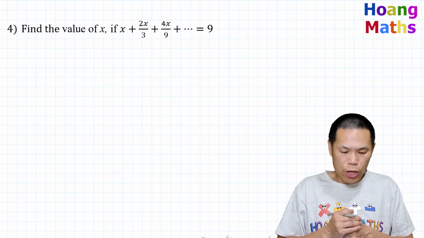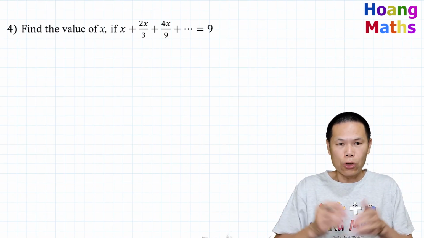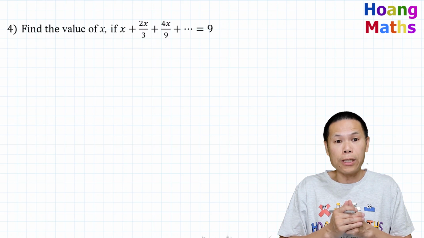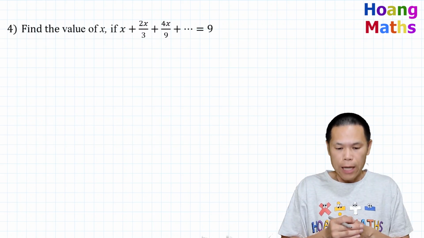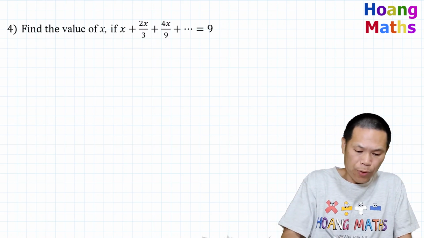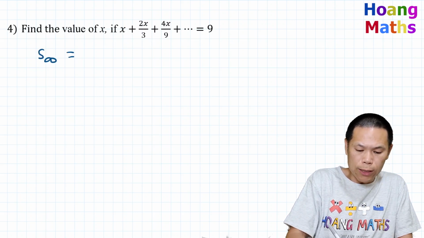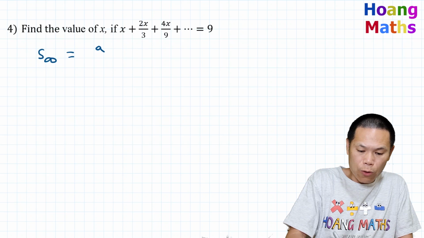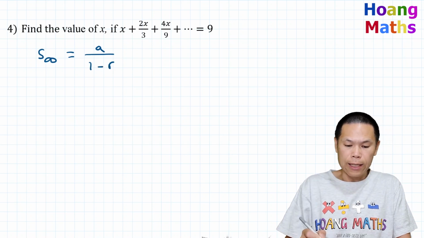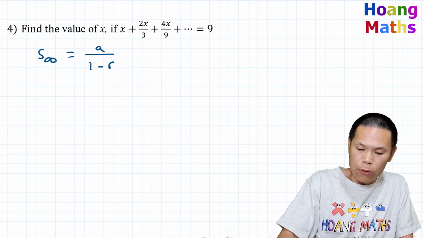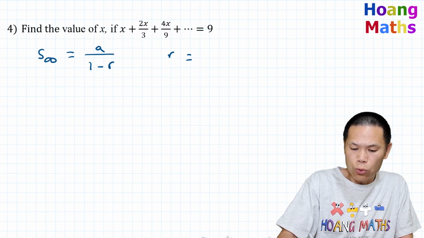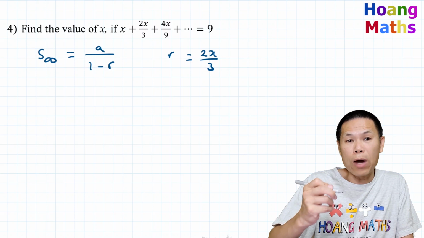Last one. So we need to find the value of x so that the sum of this series is equal to 9. And we know that the limiting sum, that is sum to infinity, the rule is a over 1 minus r. And we know that r, the common ratio, is term 2, that is 2x over 3, divided by term 1, that is x.